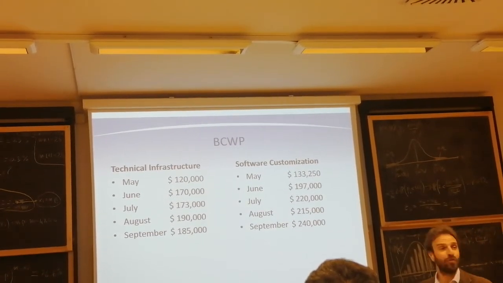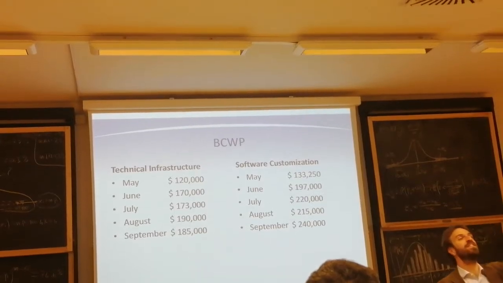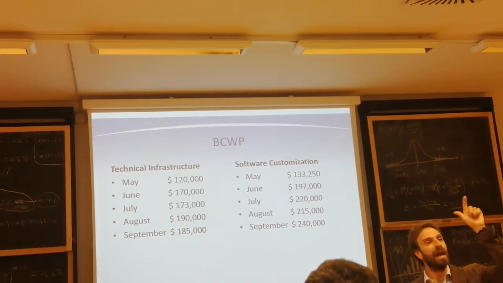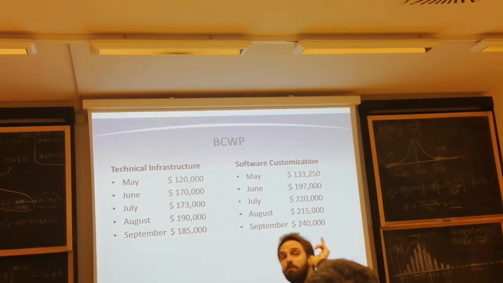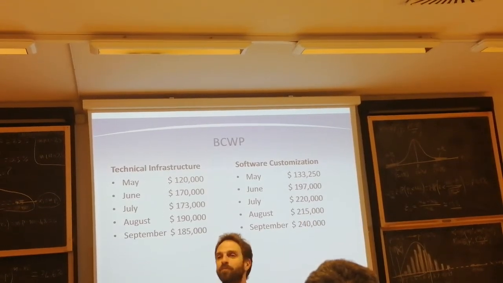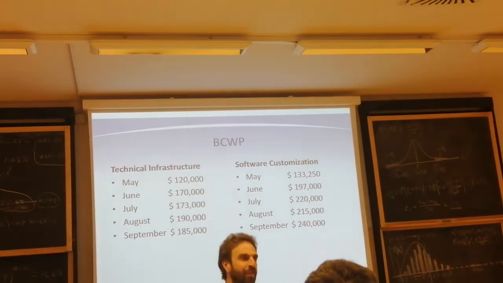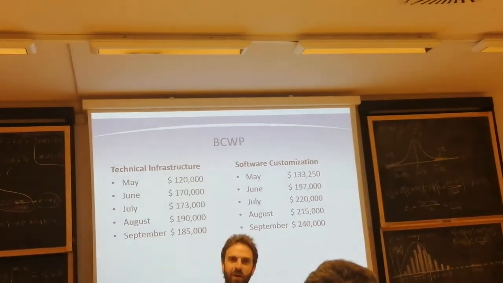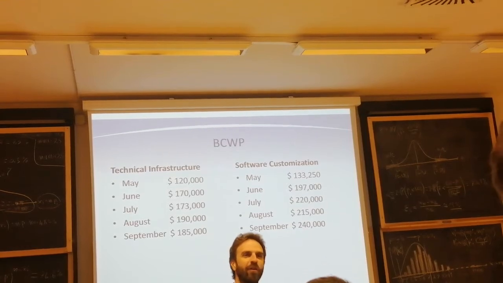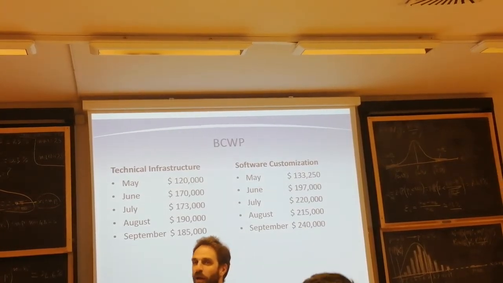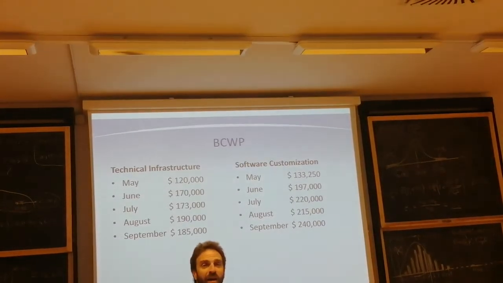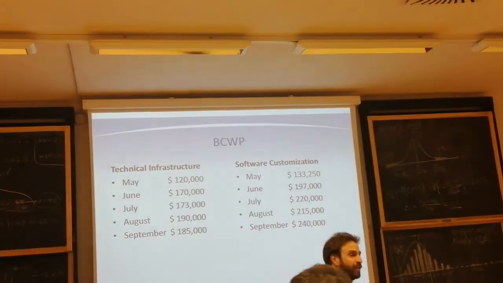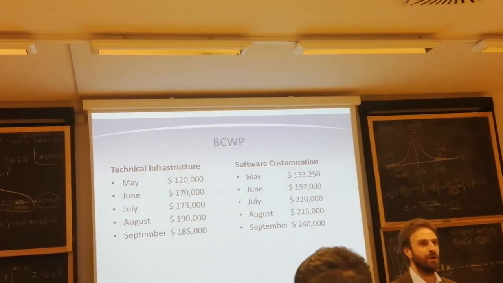So now with those three figures on hand, which are the BCWS, ACWP, and BCWP, I think you have all you need to understand whether the project is overrunning or underrunning budget, and whether the project is lagging behind schedule or ahead of schedule.